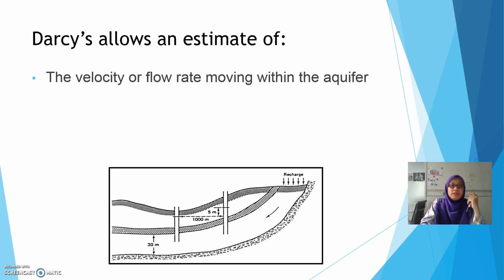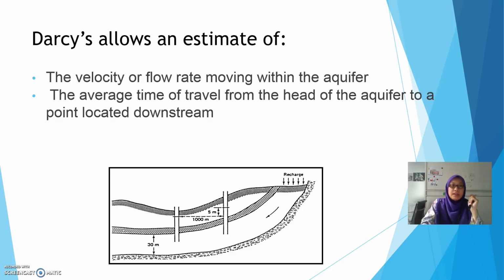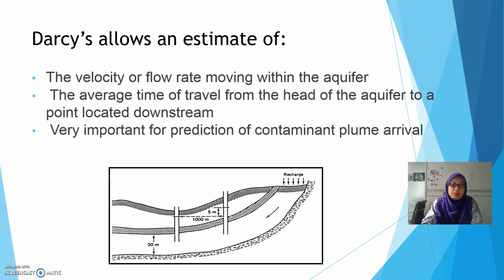In general, Darcy allows an estimation of the velocity of flow rate moving within the aquifer, and the average time of traveling from the head of the aquifer, the top of the aquifer, to the point located downstream. So this is based on the higher point to the lowest point, from the highest well to the lowest well.